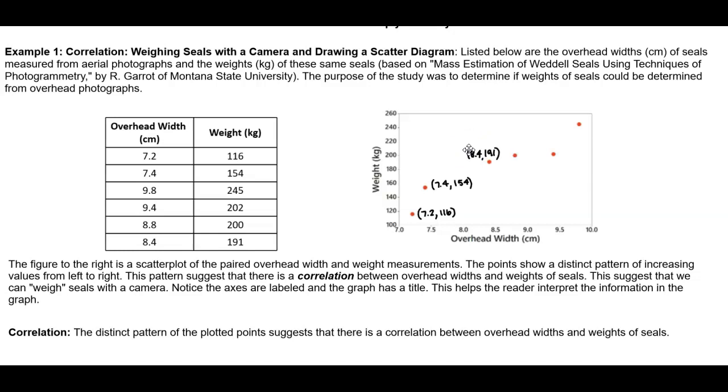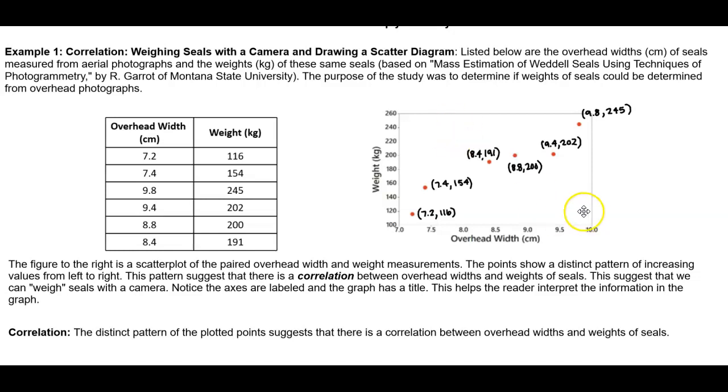Then the next point is 8.8 and 200. The next point is going to be 9.4 and 202. And then the last point is going to be 9.8 and 245.